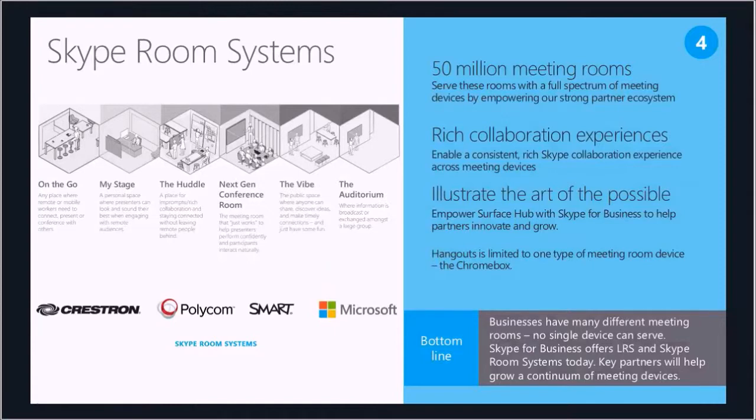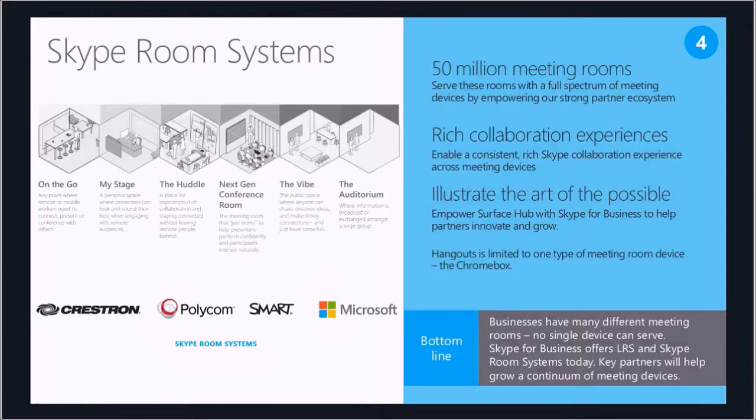You'll see on the screen on the left-hand side the partners that Microsoft has, including themselves, but they have Polycom that they work with and the smart boards that are available, and you'll see Crestron listed there as well. But the goal of this is to make sure that no matter what the room setup is, that there can be a collaborative and integrated experience for working with Skype for Business.